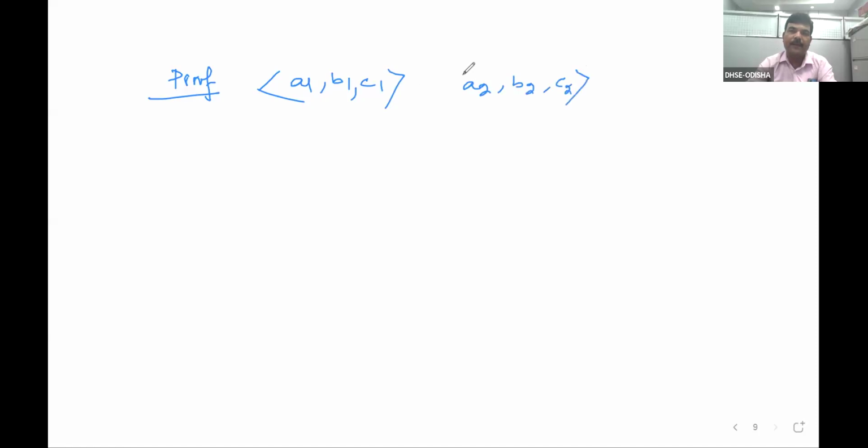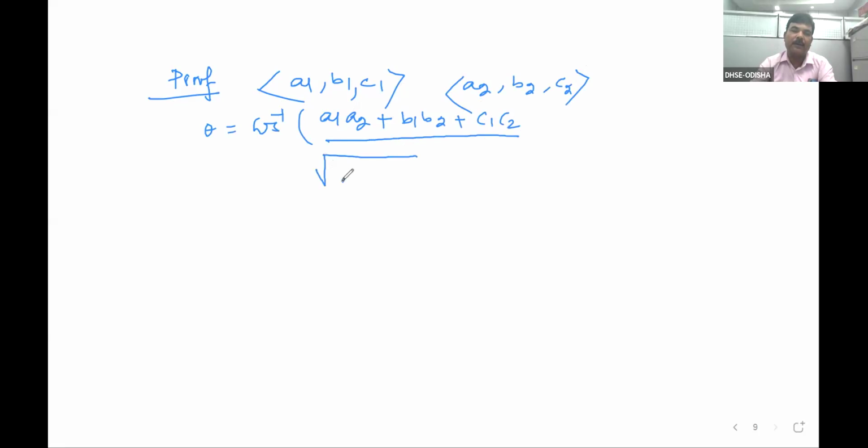So angle between two lines having DRs A1, B1, C1 and A2, B2, C2 is given by theta = cos inverse of (A1 A2 + B1 B2 + C1 C2) divided by under root (A1 square + B1 square + C1 square) into under root (A2 square + B2 square + C2 square).